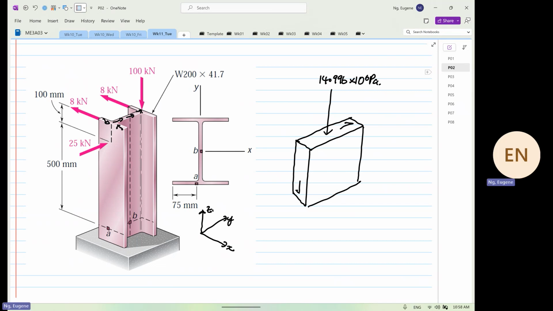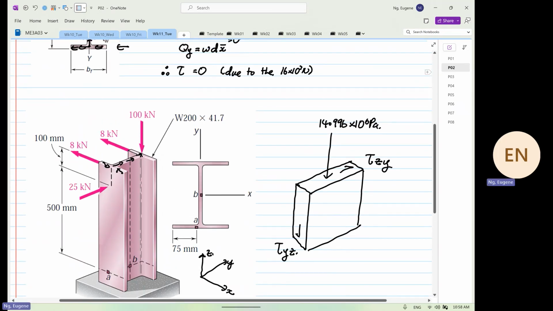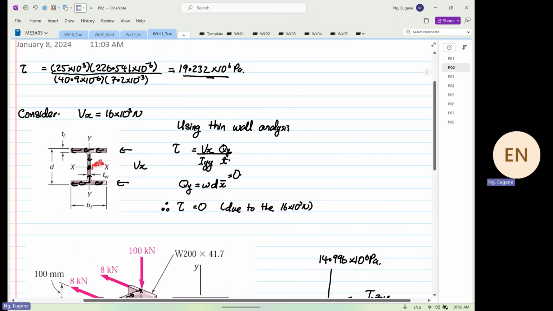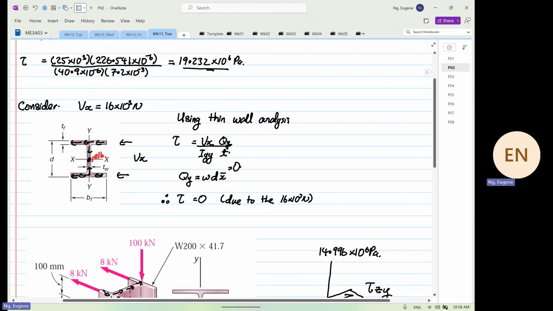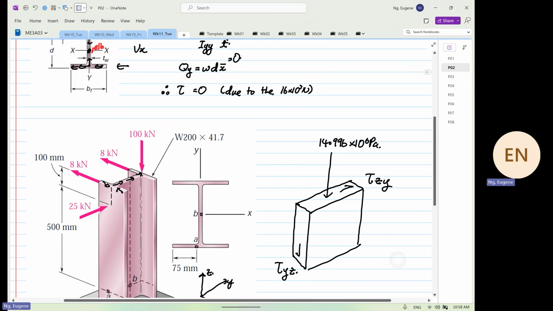And if we were to look at our transformation, this is shear Z in the Y direction. This is shear Y. The shear flow is in the Z direction. So we can come back here to calculate shear ZY, or YZ, which is the same.